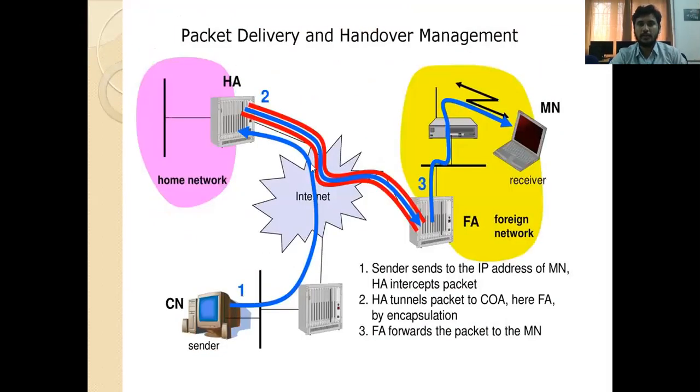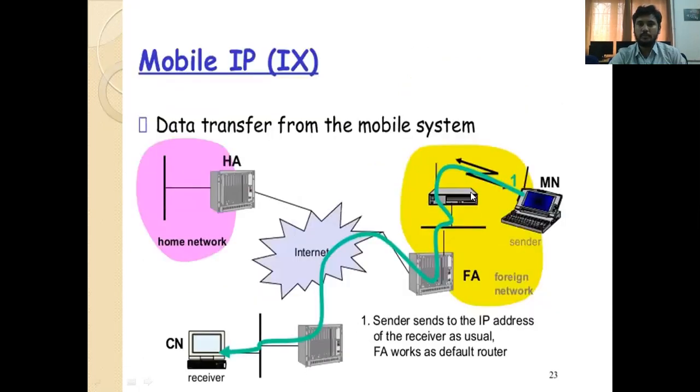In this way, the data packet is transmitted from the correspondent node to the home agent to the foreign agent, which also holds the care-of address, and then from the foreign agent to the mobile node. From the mobile node, it directly reaches the correspondent node via the internet.